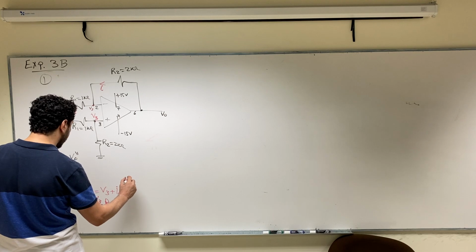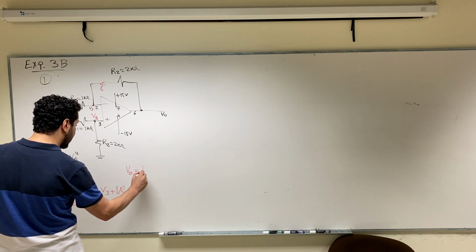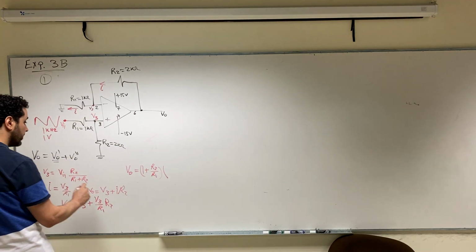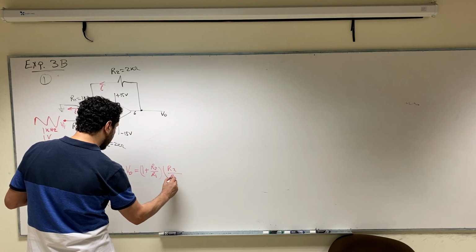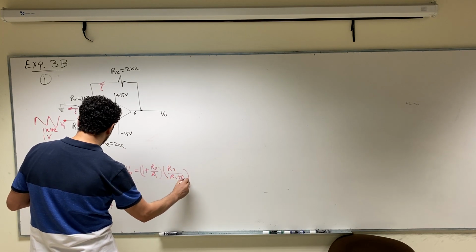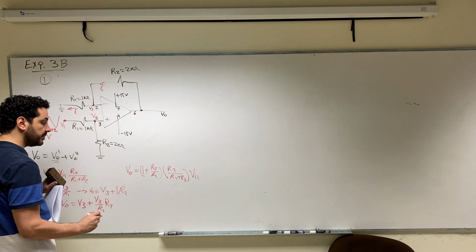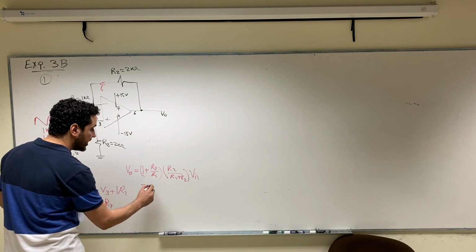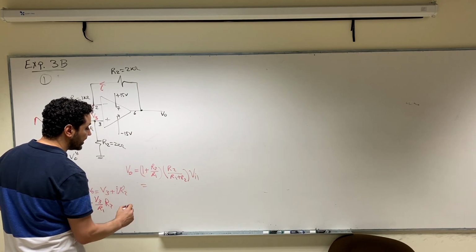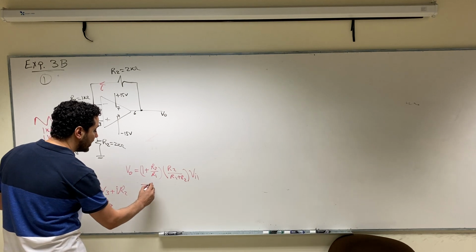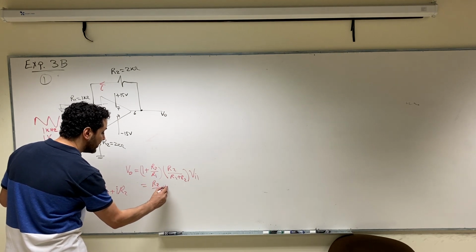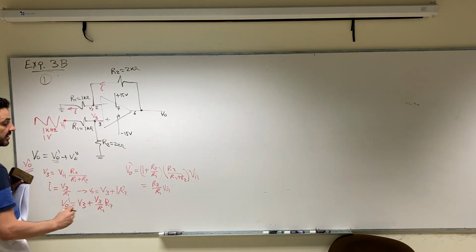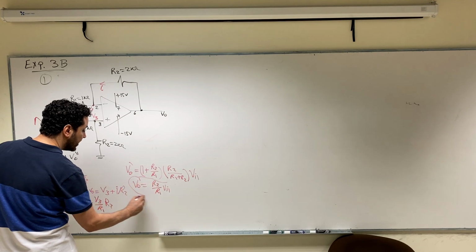If we substitute for V3 here, then V output will be 1 plus R2 over R1 multiplied by V3, which is R2 over R1 plus R2, multiplied by V input 1. If you calculate this, you will find that this is equal to R2 over R1 multiplied by V input 1. This is V output dash, the output that will result from the first input.